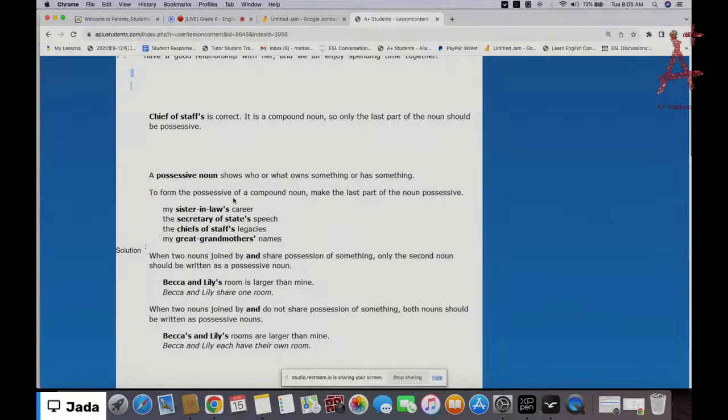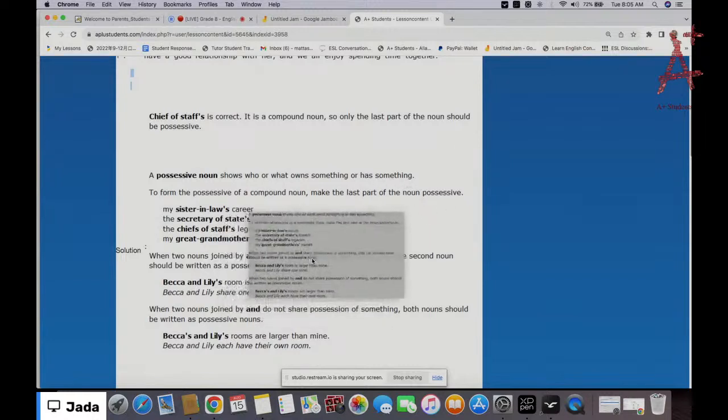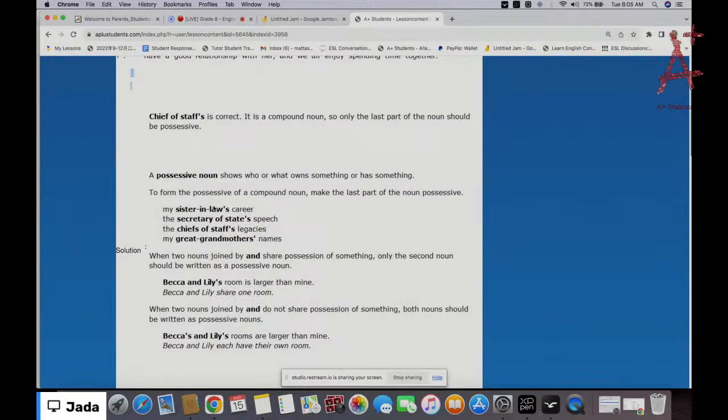To form the possessive of a compound noun, make the last part of the noun possessive. So before you can form a possessive of a compound noun, you have to make the last part of the noun possessive. For example: my sister-in-law's career.